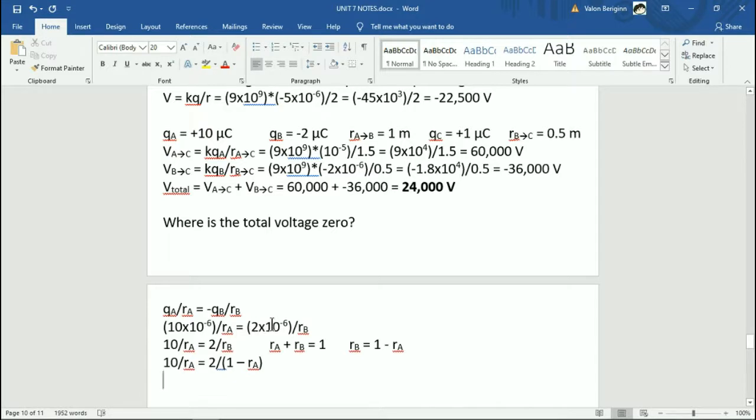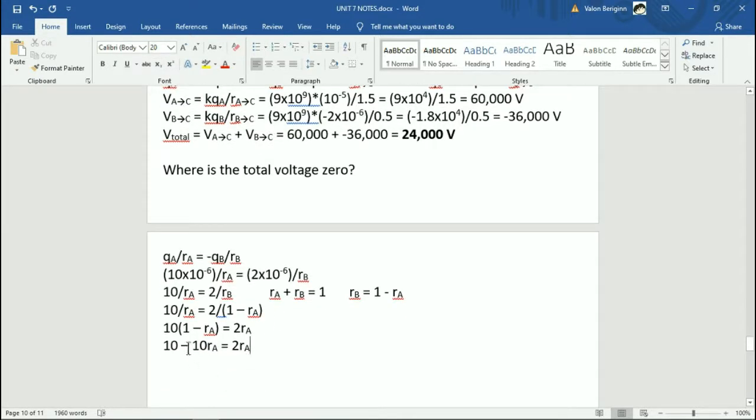You can then cross multiply. So this becomes 10 times 1 minus RA equals 2 times RA. So in other words, 10 minus 10 RA equals 2 RA. If I add 10 RA to both sides, I get 10 equals 12 RA.